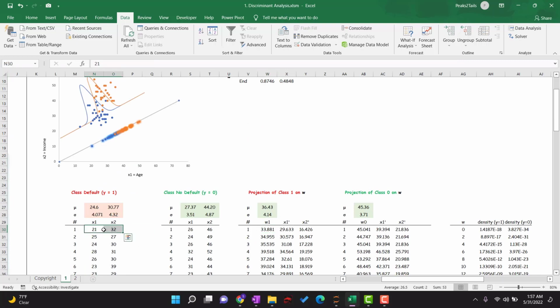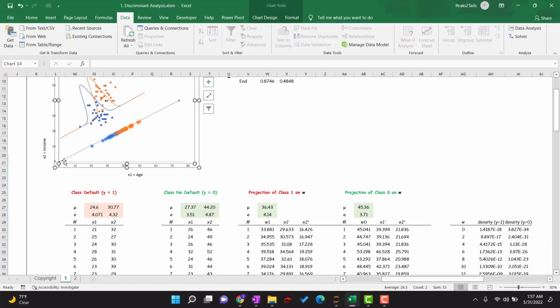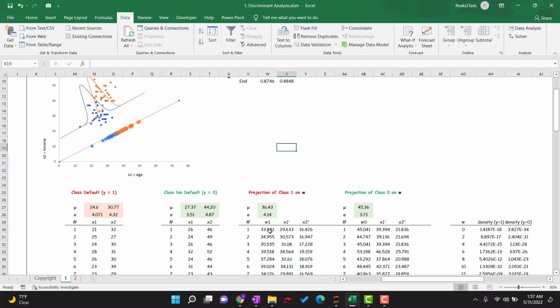This particular point number 1 in the original space was located at 21, 32, but right now I am considering the axis W. Along W, it is situated at a distance 33.881 from origin. I'm measuring the location of this point along W.